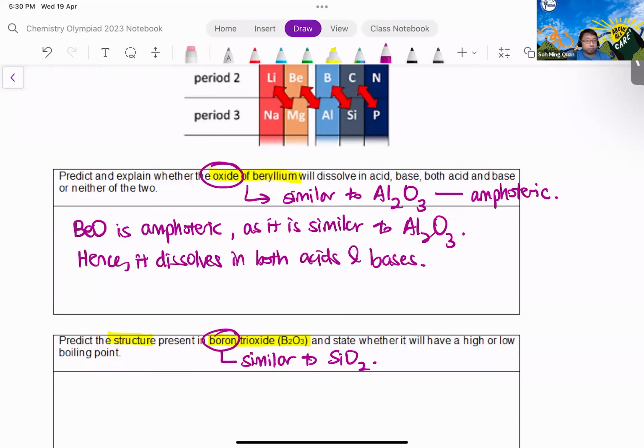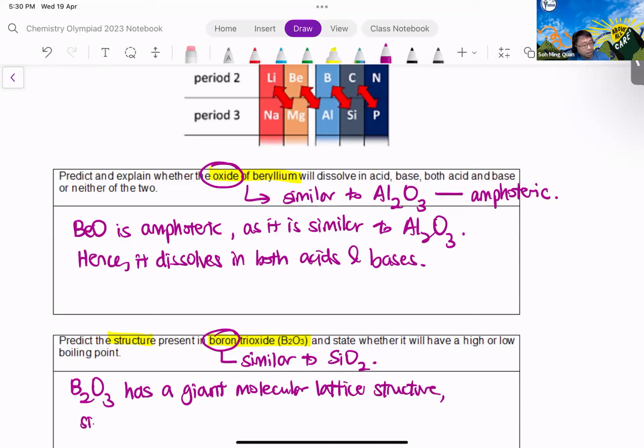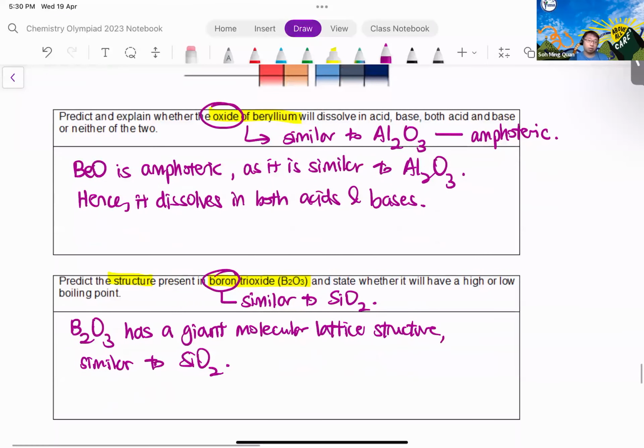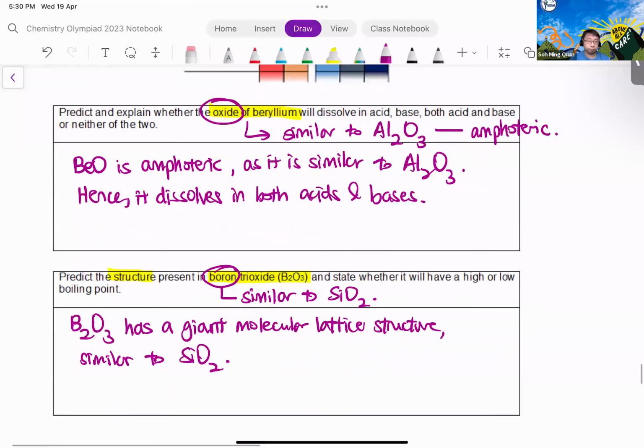So similarly, boron trioxide should also have a giant molecular lattice structure, similar to silicon dioxide. All right. So this is the diagonal rule.